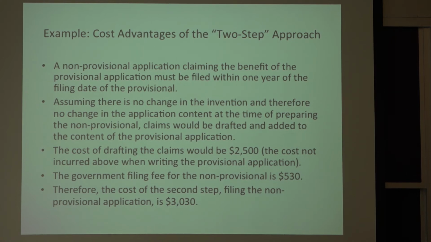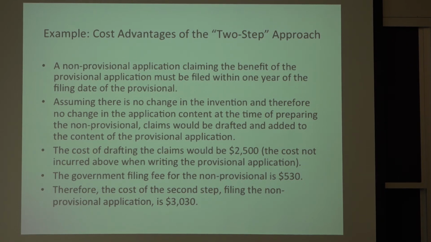So a non-provisional application claiming the benefit of the provisional application, as we said, has to be filed within one year. So assuming there are no changes in your mousetrap, that it's exactly the same as what you conceived of when you filed your provisional application, when you file your non-provisional, you have to add, if you haven't figured it out for yourself, another $2,500 in legal fees and the higher application fee.